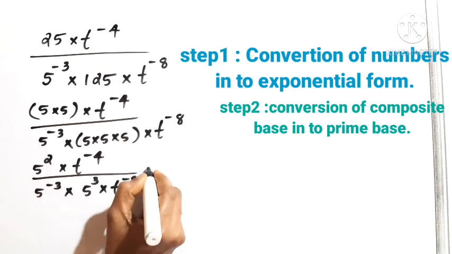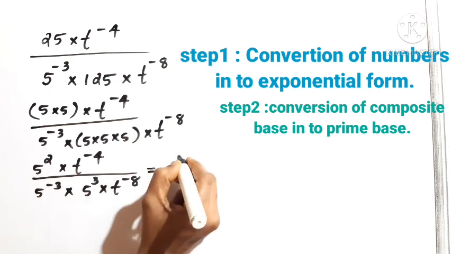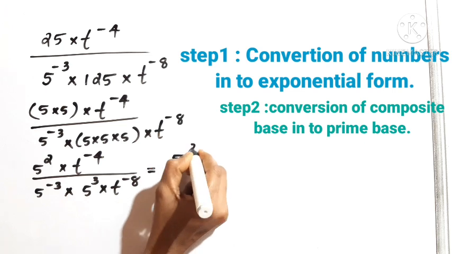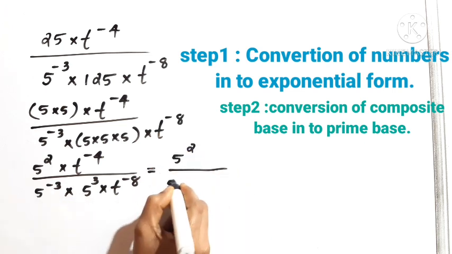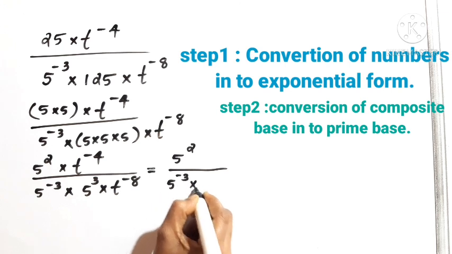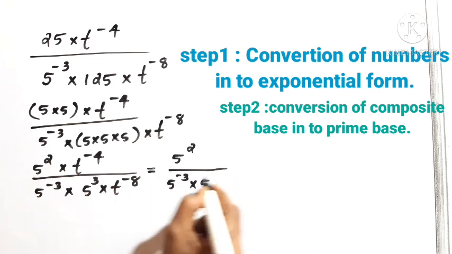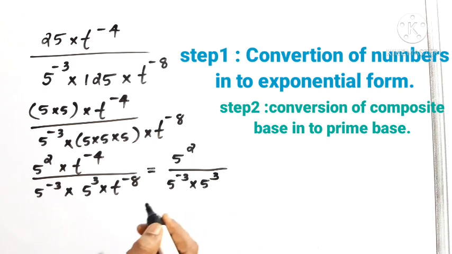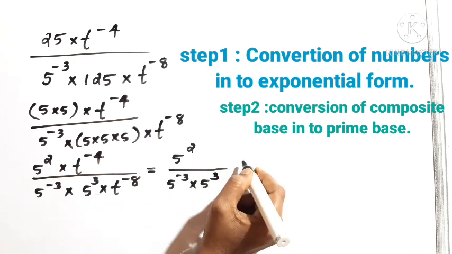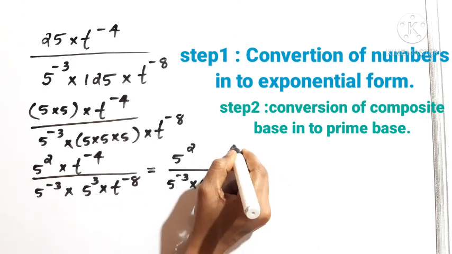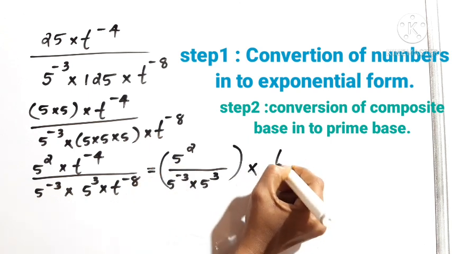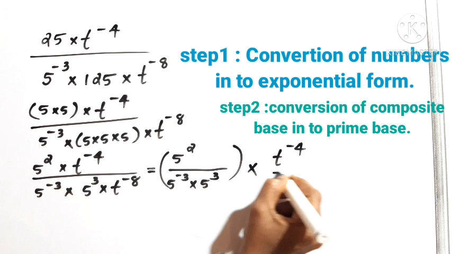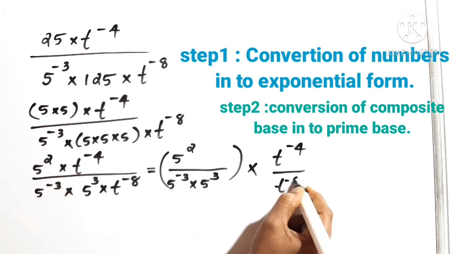Now I am going to rewrite. Listen, children. 5^2 divided by 5^(-3) into 5^3. Okay? Listen. First bracket is ready, then into t^(-4) divided by t^(-8).